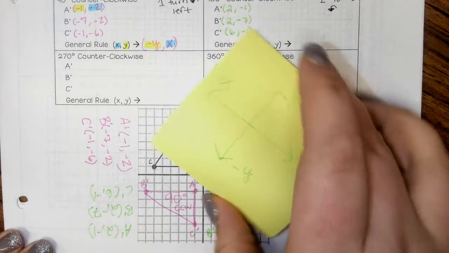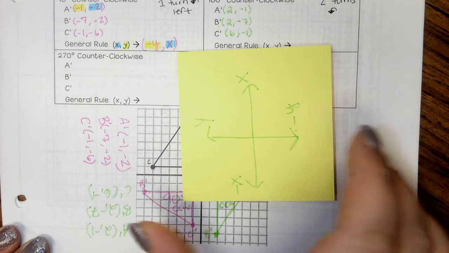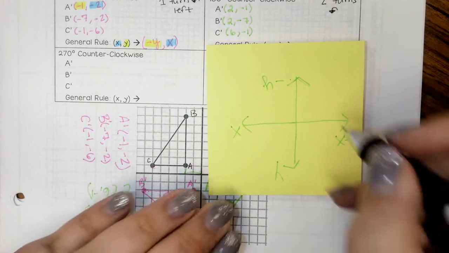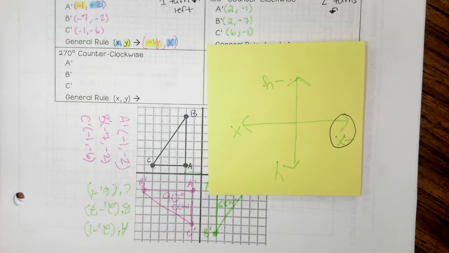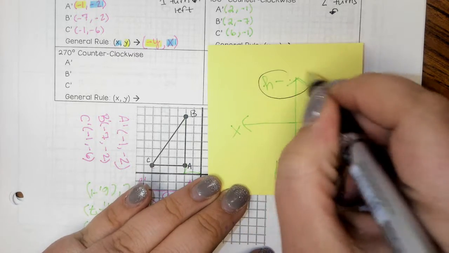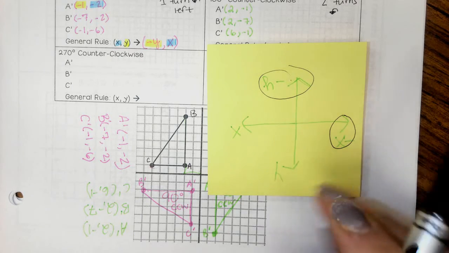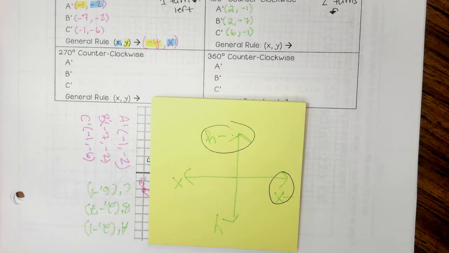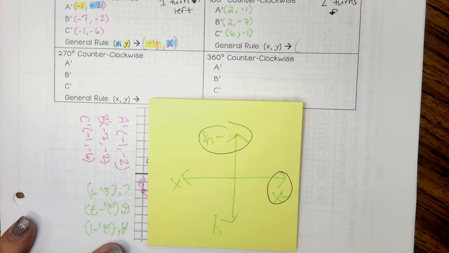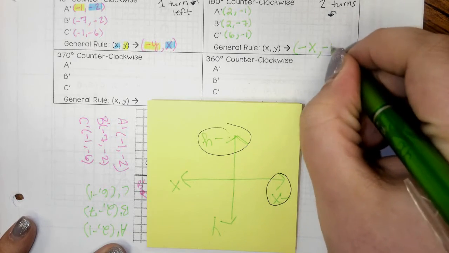That was clockwise, just so you can see counterclockwise or left, I'll do it again, going counterclockwise, 1, 2 turns. Now my new positive x values have a negative x by them, and my new positive y's are what used to be the old negative y's. So my general rule for a rotation of 180 degrees is opposite x and opposite y.